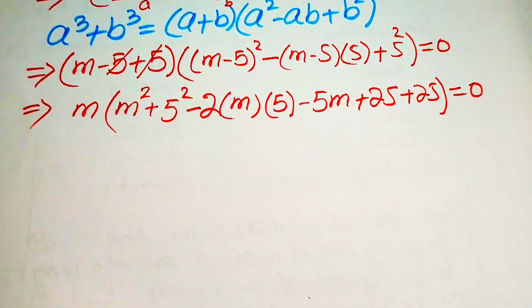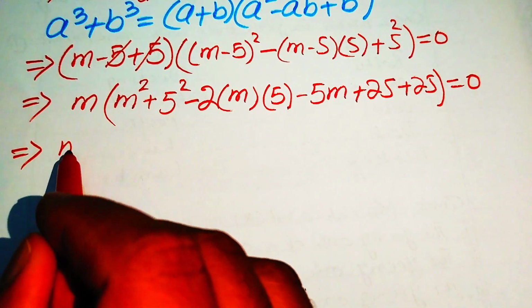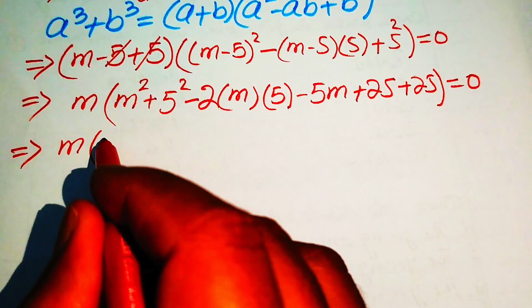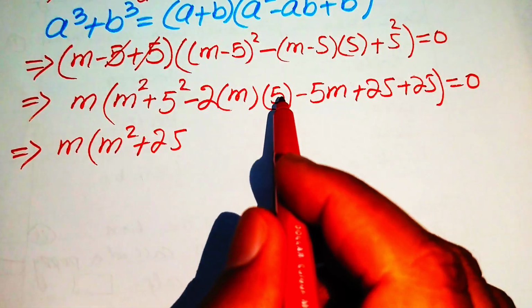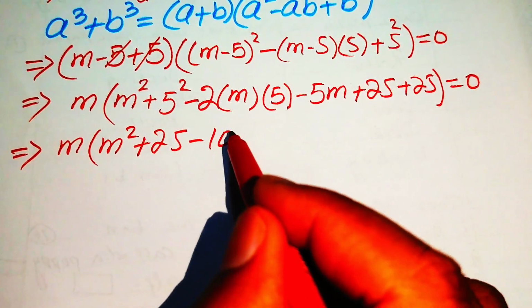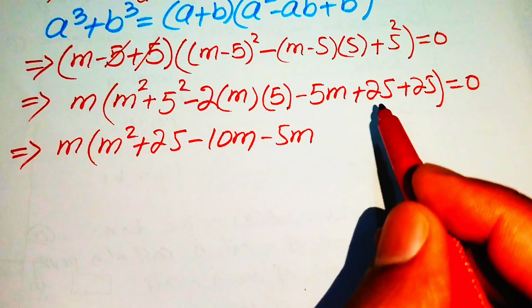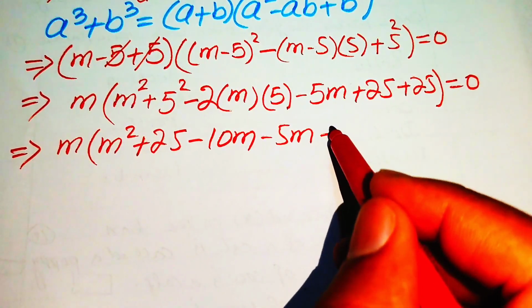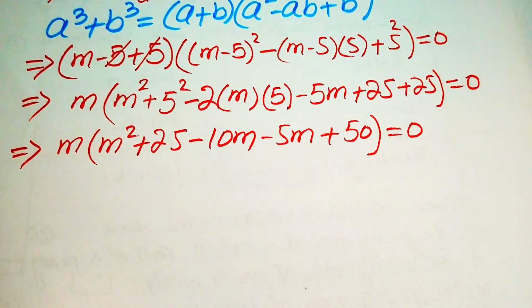And this whole equation equals 0. So here we need some simplifications and we write it as m^2, plus 5 squared is 25, and this 5 times 2 times m becomes -10m, and this is -5m. So this is 25 + 25 becomes 50 and this whole equals 0.